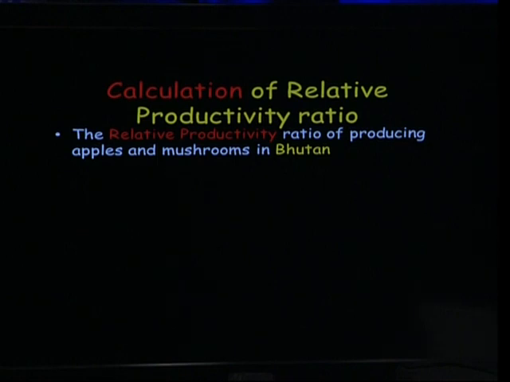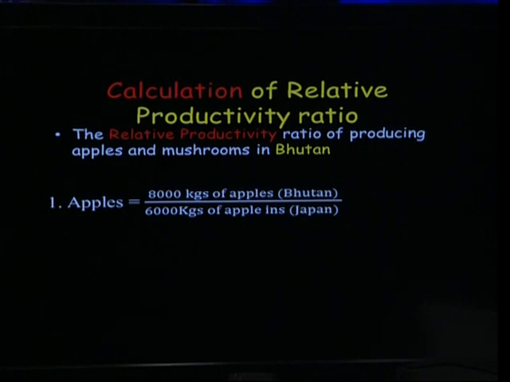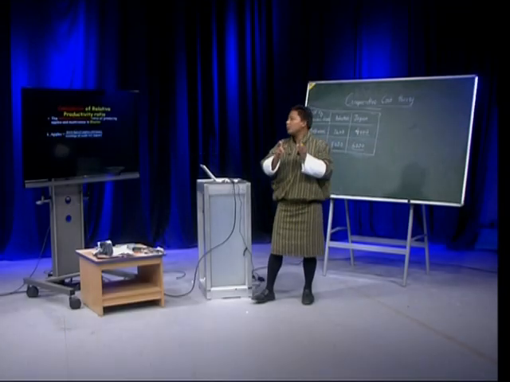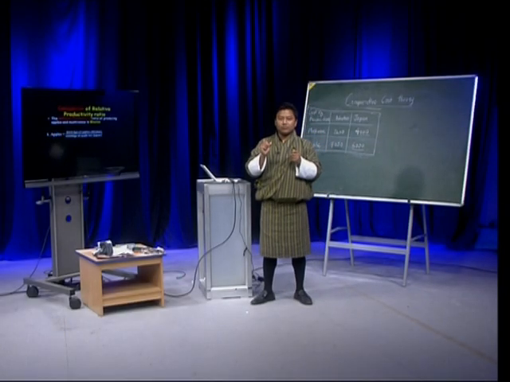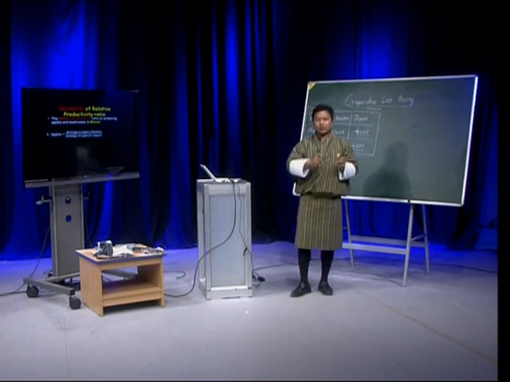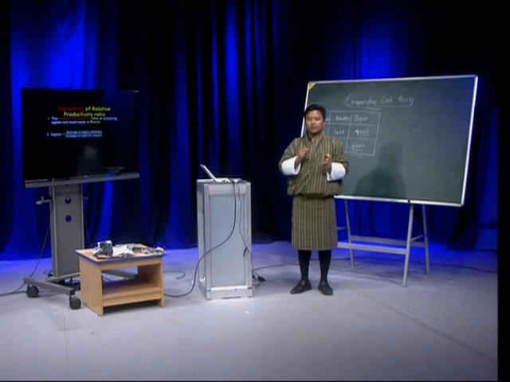First, for apple. The formula is: the relative productivity ratio of producing apple equals the units of apple produced by Bhutan divided by the units of apple produced by Japan. Am I making some sense? Now there is one trick that you have to remember.